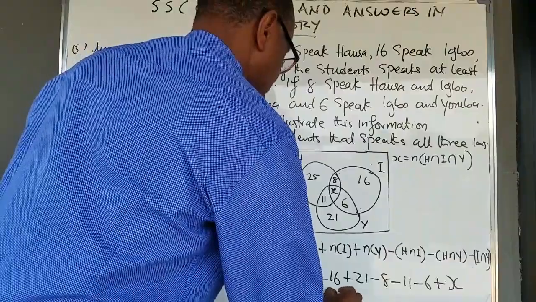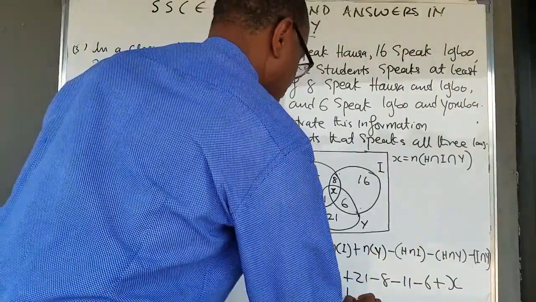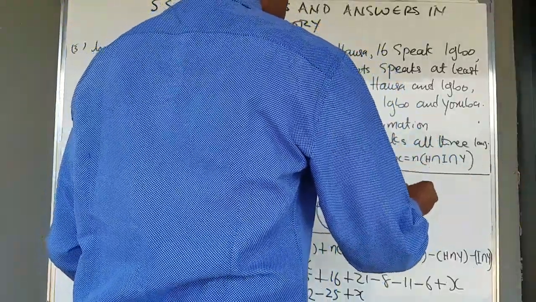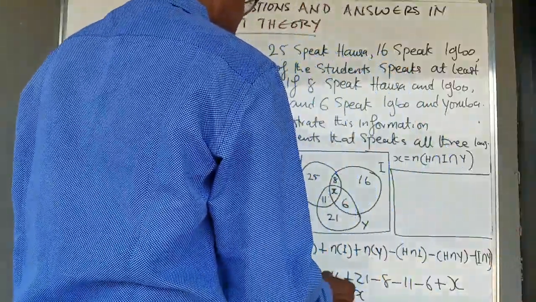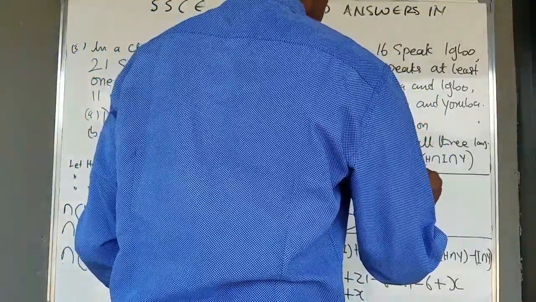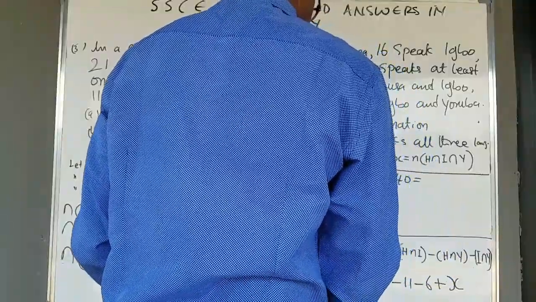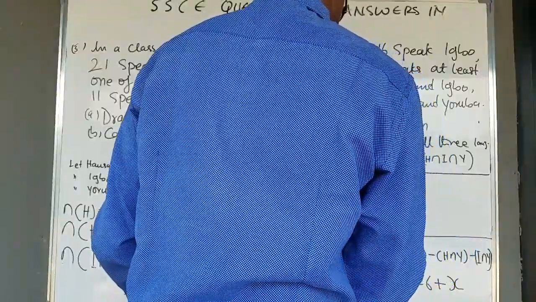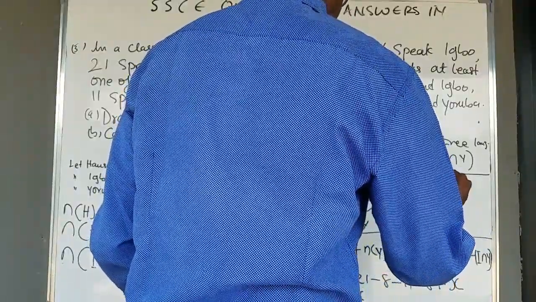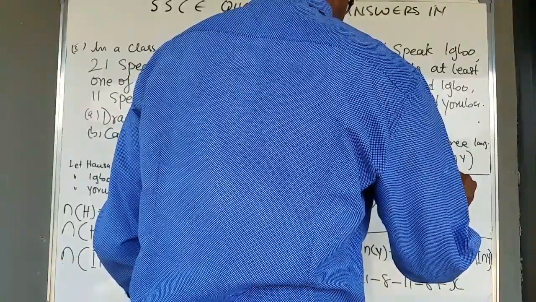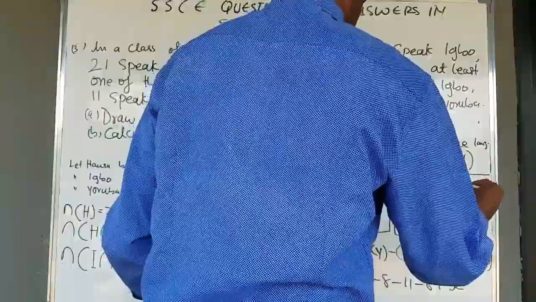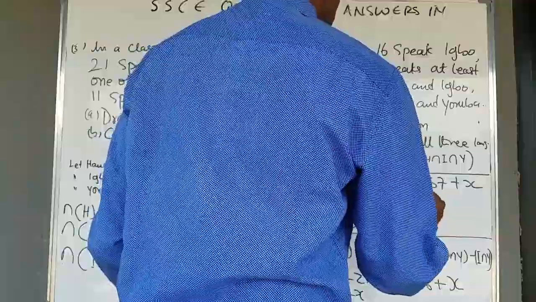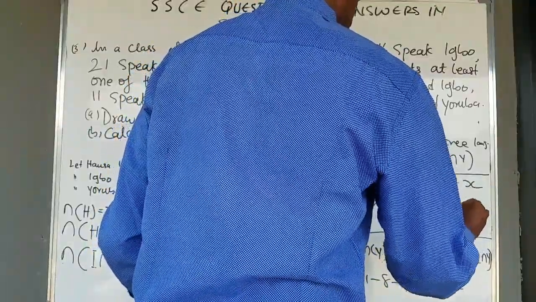So we have 62 minus 25 plus X. And definitely that is going to give us 40 is equal to 62 minus 25, that is 37 plus X. That means 37 plus X is equal to 40.